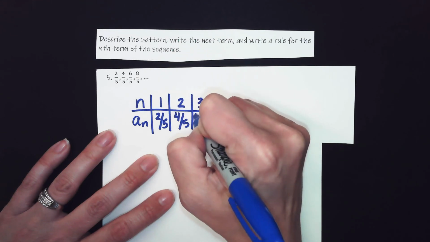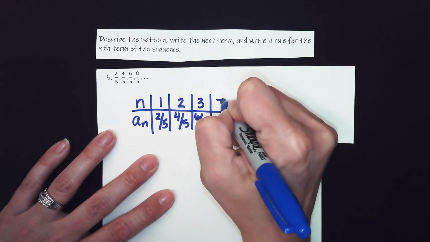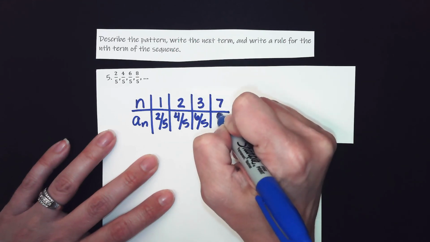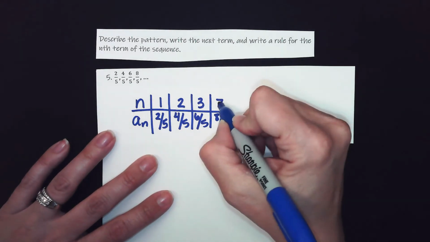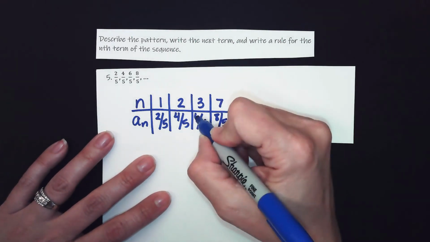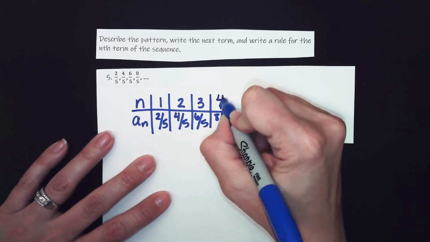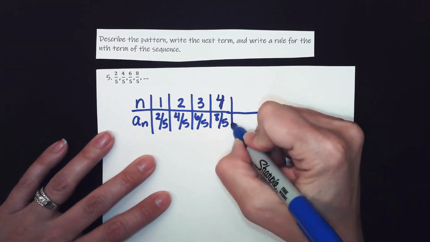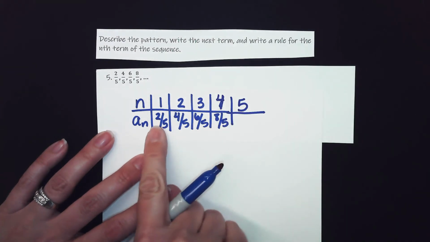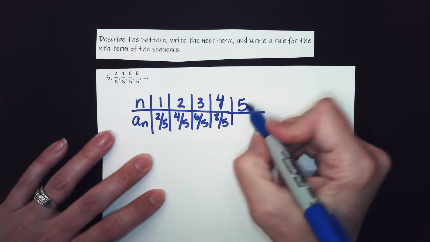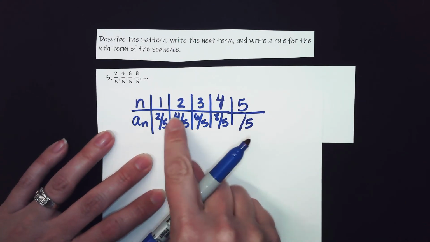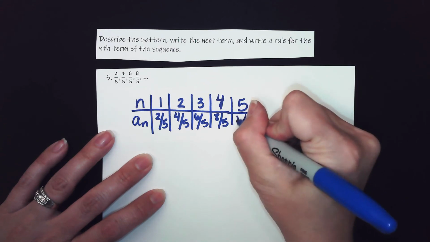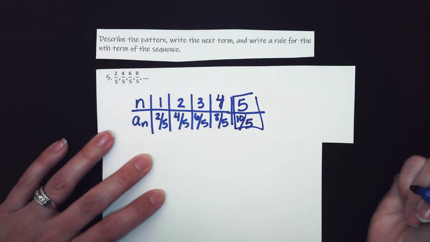Term 3 is 6/5. Term 7 is 8/5. I can kind of see a pattern. Did I say term 7? Oh my goodness, I was counting 6, 7, get it? Okay, this is actually term 4, sorry. And if I keep going and want term 5, I can see that my bottom, no matter what, is going to be a 5, because they all had 5, right? And 2, 4, 6, 8, ooh, that's going to be a 10. So I already know the 5th term is 10/5.